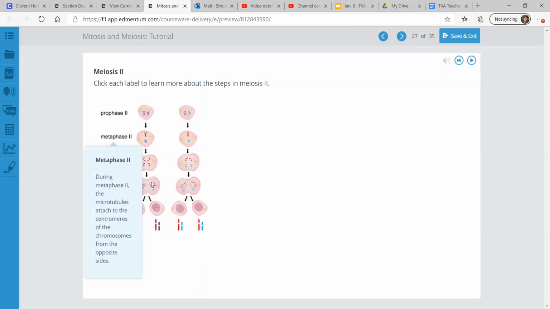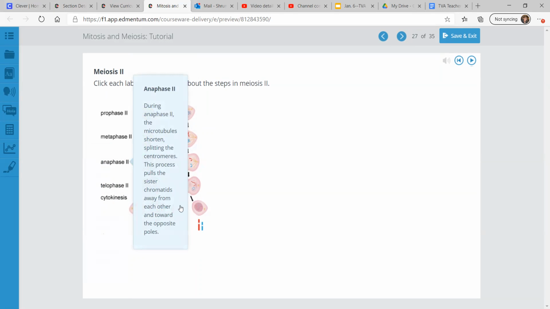Then you have metaphase 2. The microtubules attach to the centromeres of the chromosomes from the opposite sides. And then anaphase. The microtubules shorten, splitting the centromeres. This process pulls the sister chromatids away from each other and toward the opposite poles.